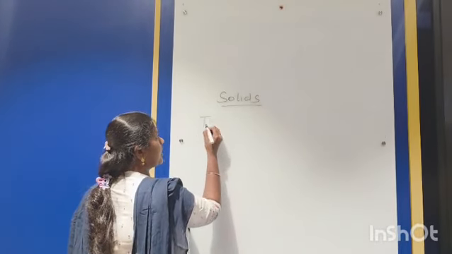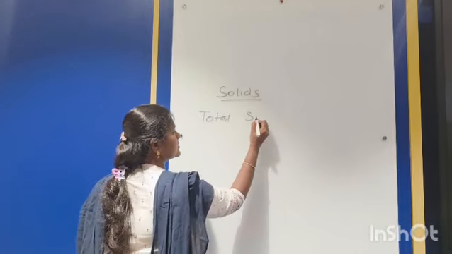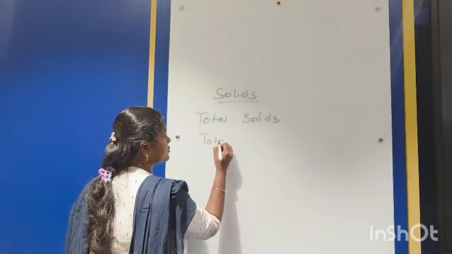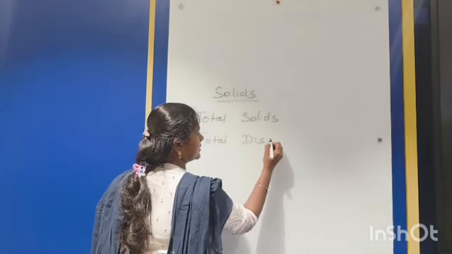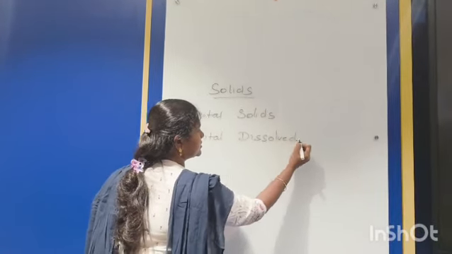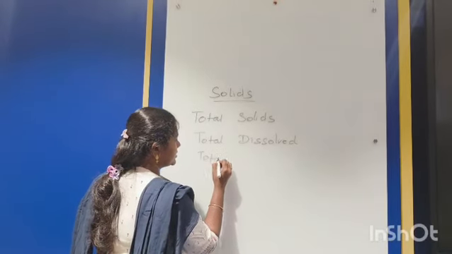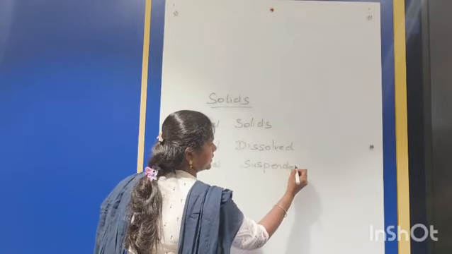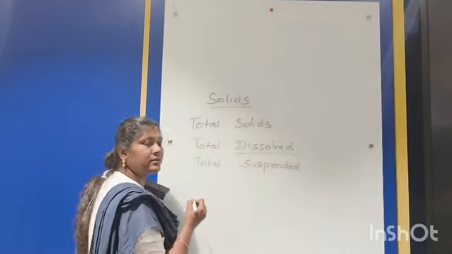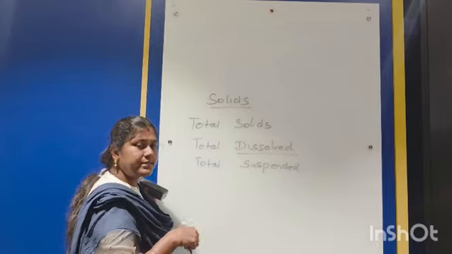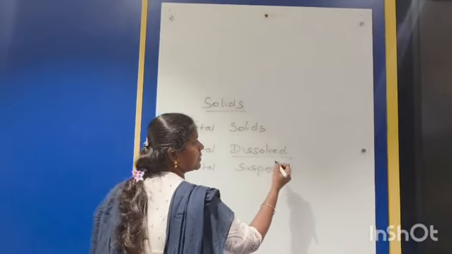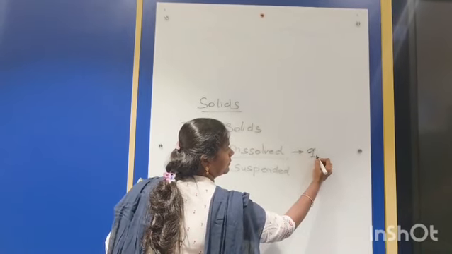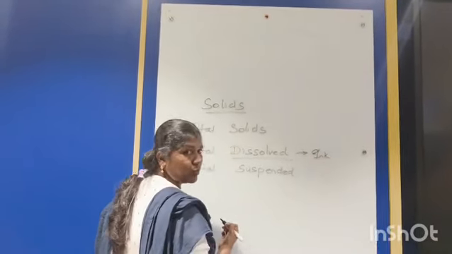forms. One is total solids, another one is total dissolved solids, and the third one is total suspended solids. Dissolved is nothing but the solids being completely dissolved in the water, for example, a mixture of ink in the water, ink plus water.